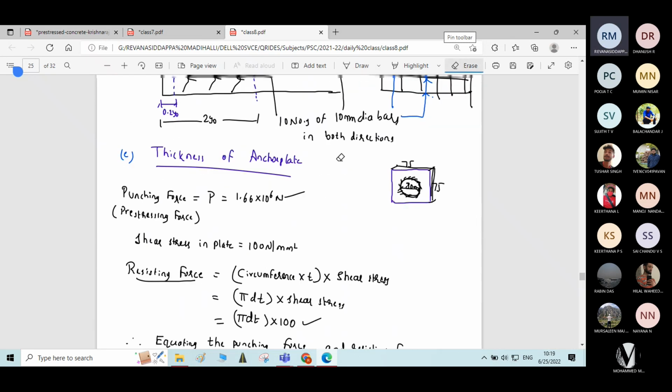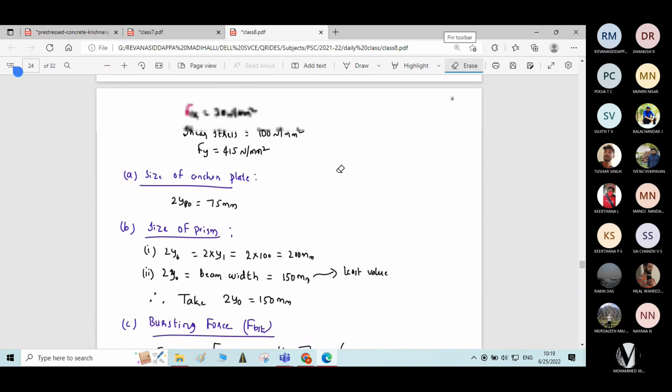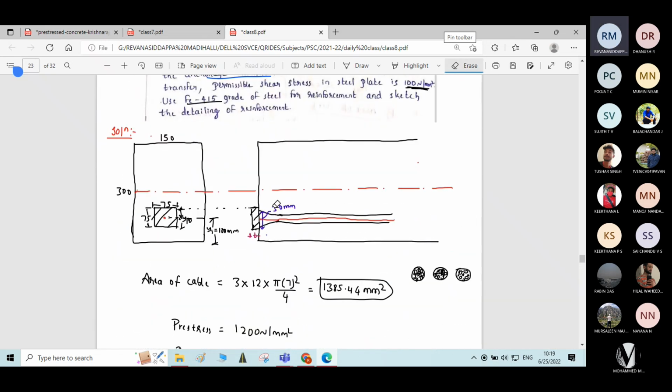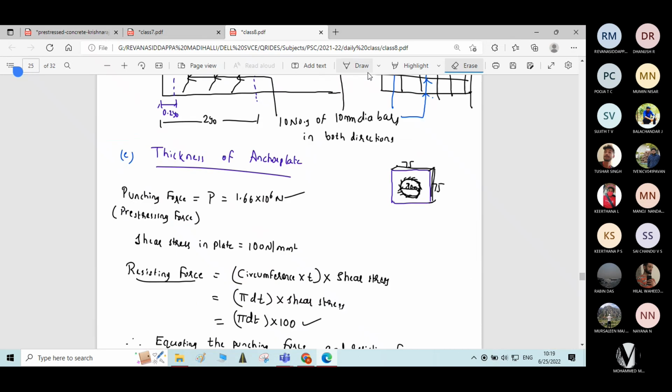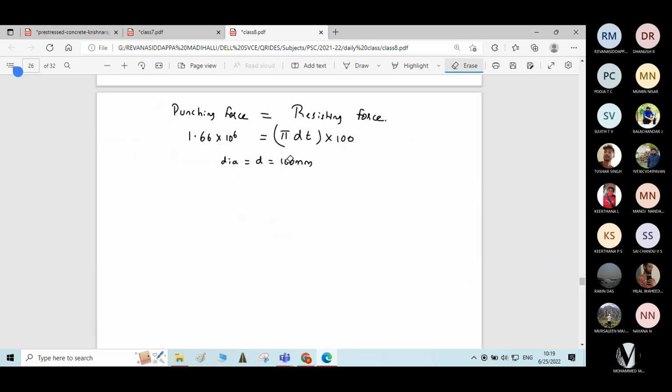The diameter is 30 mm. Substitute here. Therefore, 1.66 into 10 power 6 is equal to pi into 30 into t into 100.